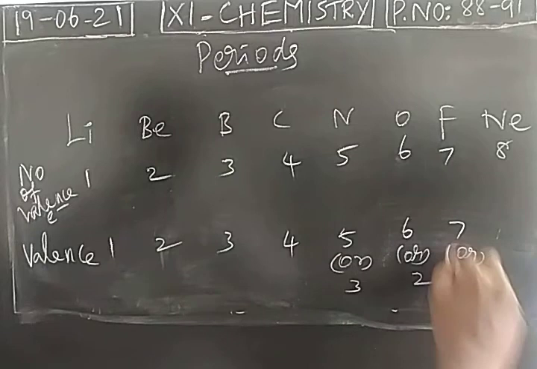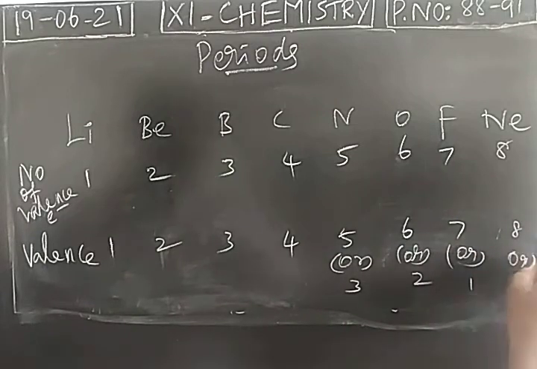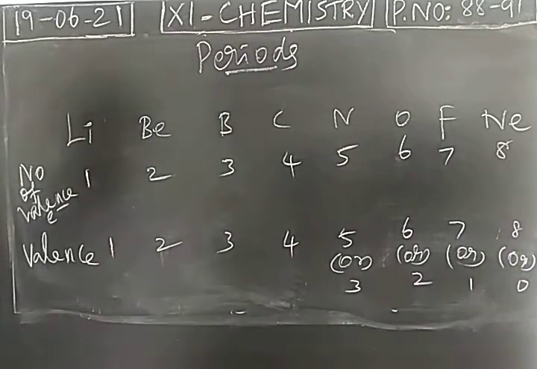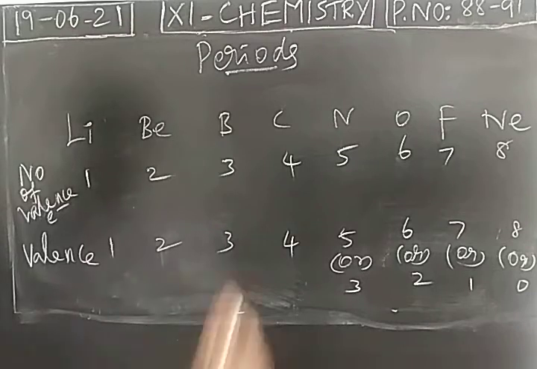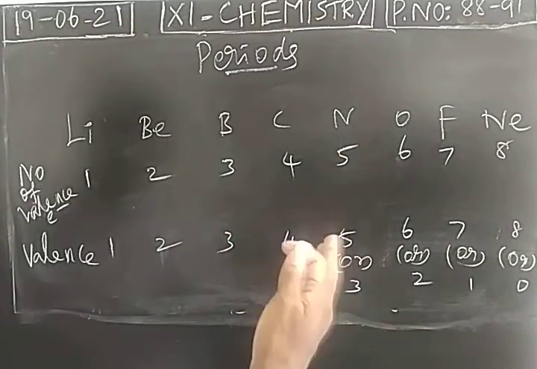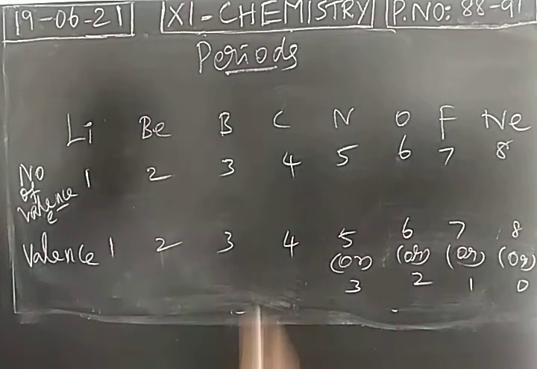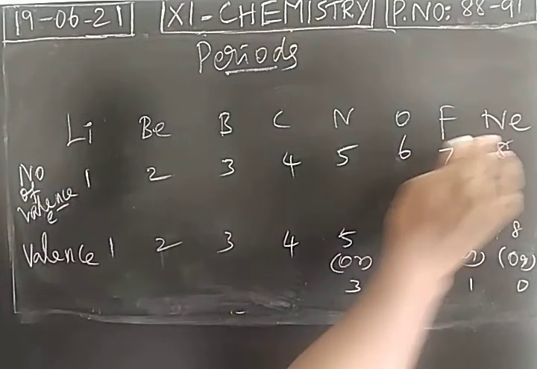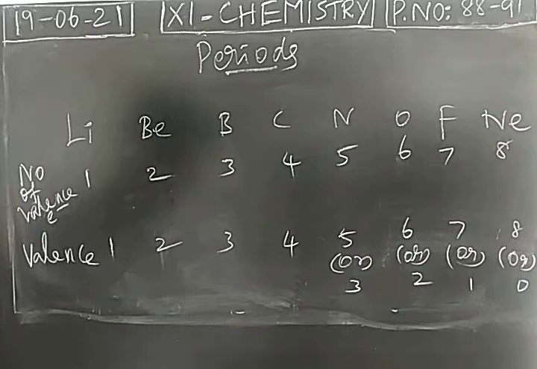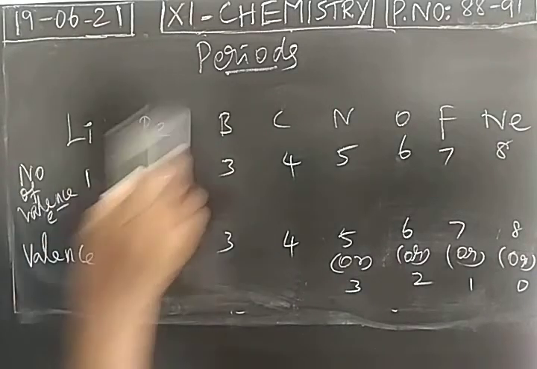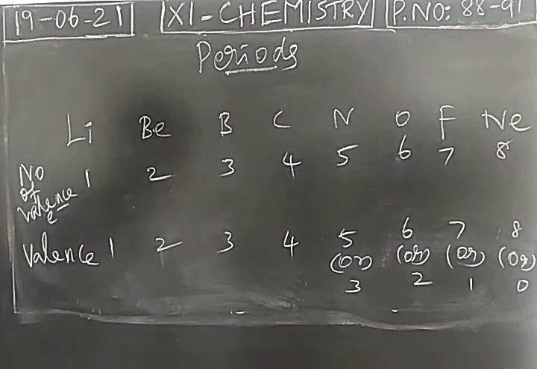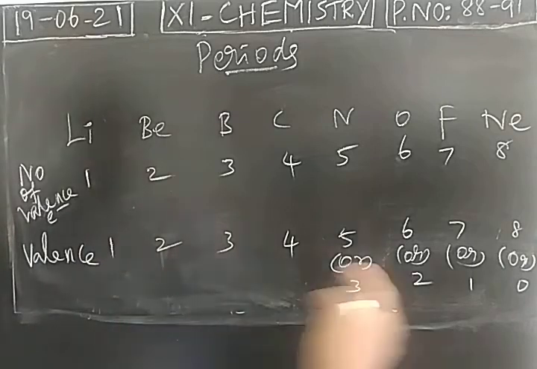Then 7 or 1, and 8 or 0. So in some compounds, the valency of nitrogen will be 5 or 3. Both valences will be exhibited by nitrogen, oxygen, fluorine, and neon mostly will not be involved in reactions. It is a noble gas, stable in nature. So in periods, from left to right, valence increases. The number of valence electrons increases, so the valence also changes.